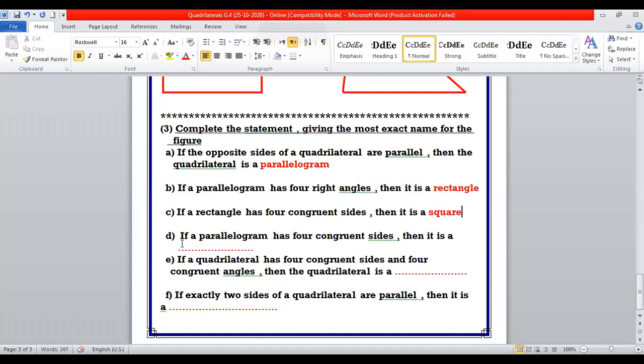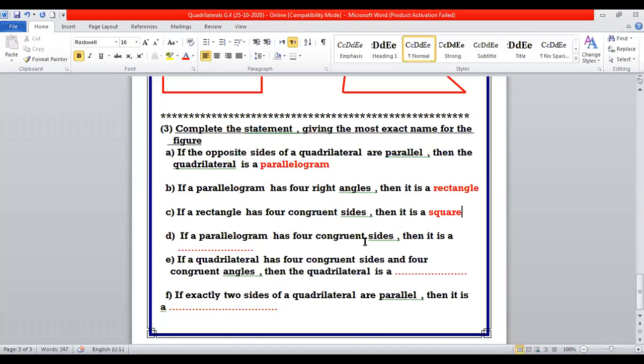Okay. D. If a parallelogram has four congruent sides, a parallelogram but with four equal sides. What's this figure, guys? It's like the parallelogram, the same shape. Each two opposite sides are parallel, and each two opposite angles are equal, but it has four equal sides.